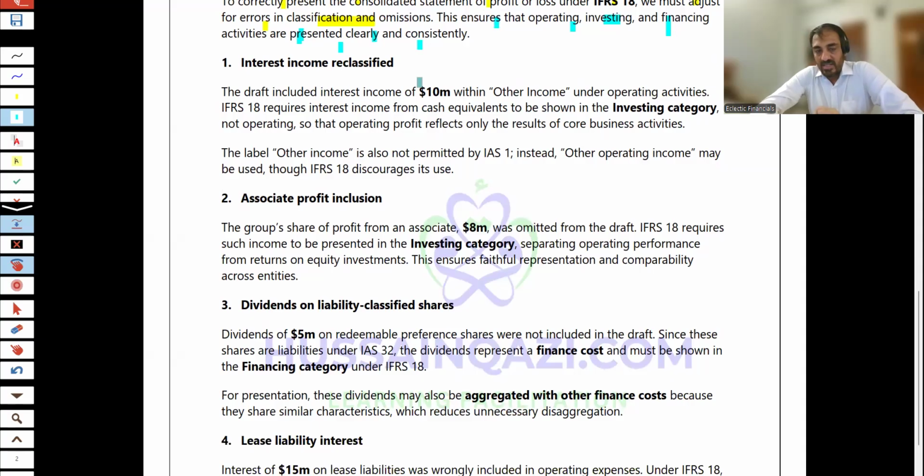One by one. The draft includes interest income of 10 million within other income under operating activity. IFRS 18 requires interest income from cash equivalents to be shown in the investing category. Same we have done.